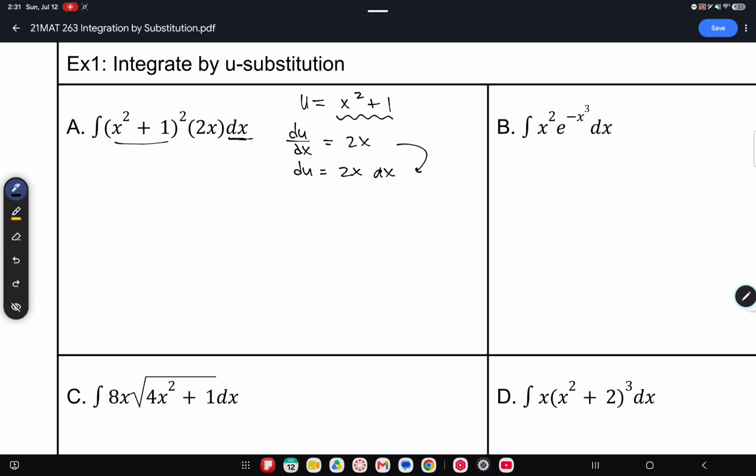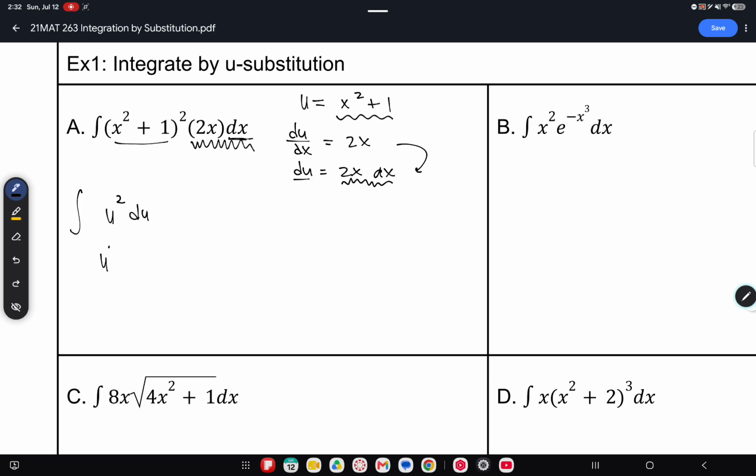But I see I have a u, so I'm going to write my integral in terms of u. So instead of x squared plus 1 squared, I'm going to put u squared. And then I have 2x dx, and I'm going to substitute that with du. Now this is an easier integral to do, and we're just doing it in terms of u. So the rules still apply.